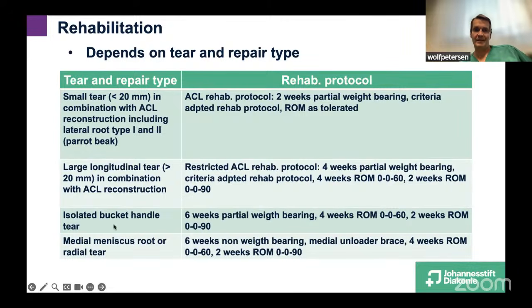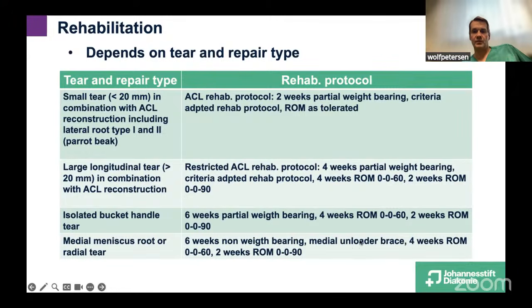If I have an isolated bucket handle tear, I'm a little bit more careful: 6 weeks partial weight bearing, 4 weeks range of motion 0-0-60, and 2 weeks 0-0-90. And when I have a medial meniscus root tear or radial tear, then I would advise the patients to perform 6 weeks non-weight bearing.